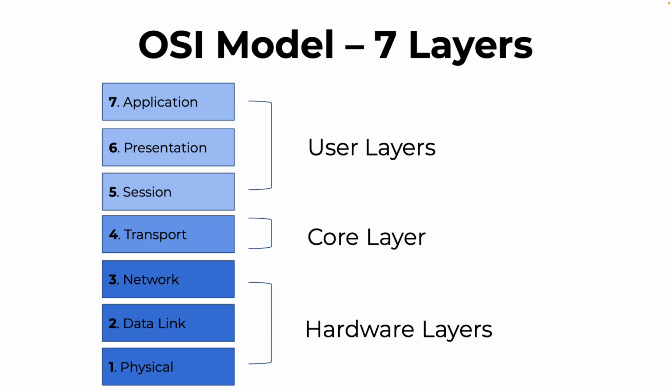Next is the presentation layer. The presentation layer is where your data transformation happens. For example, if you are sending data from one device to another in the form of JSON, that request might have a body, a payload. Suppose you are trying to fetch photos of your friends.